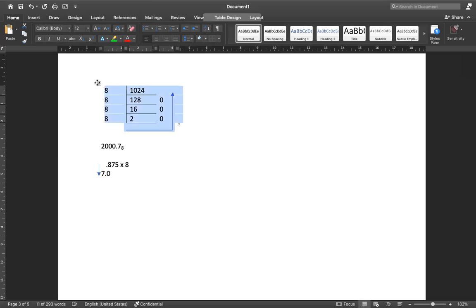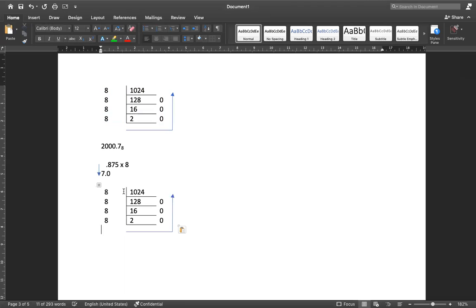In hexadecimal, again, you are going to apply the same mechanism, but this is 16 now.